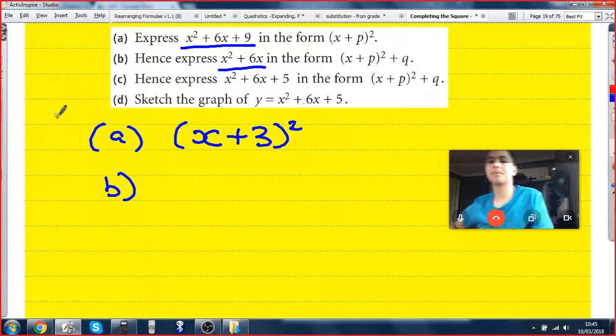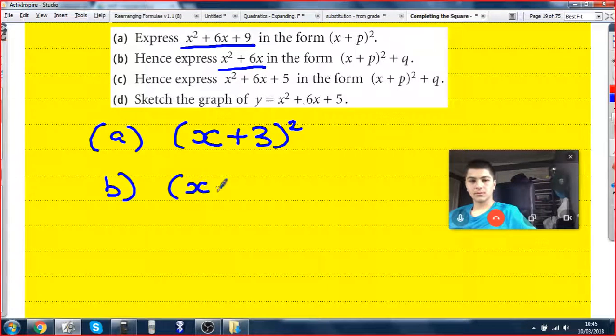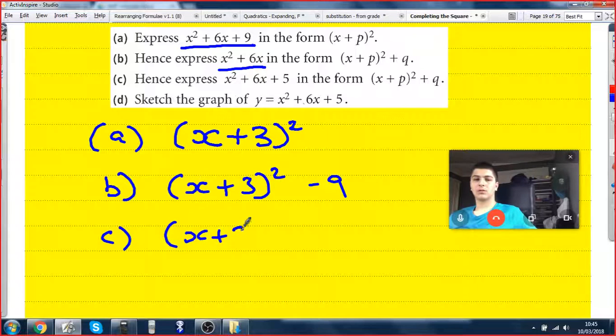So how can we get rid of the plus 9? Could we put the x plus 3 squared minus 9? Correct. So you just put in the minus 9. Okay, see? Could we put x plus 3 squared plus 5? That's it. 3 squared plus 5.